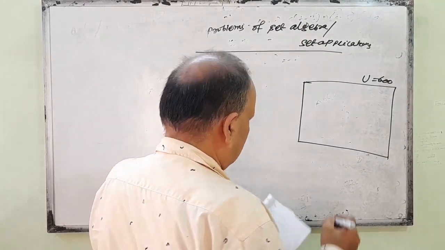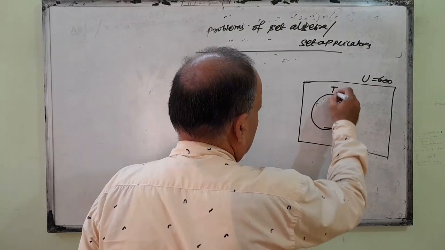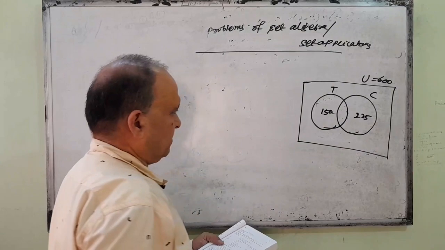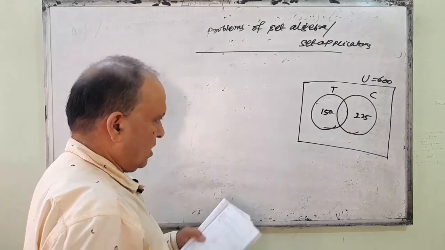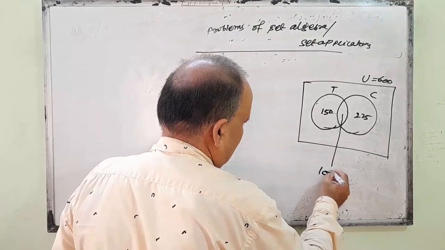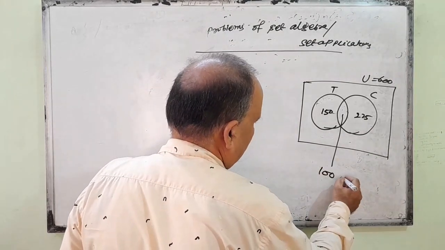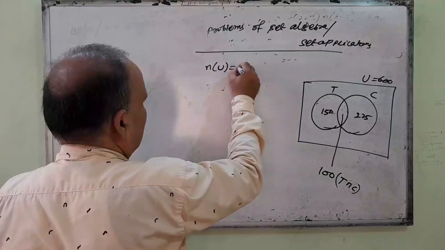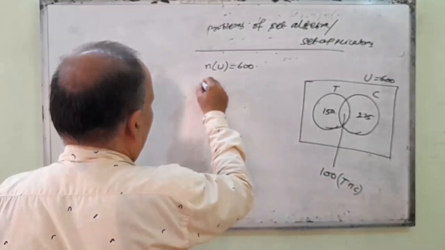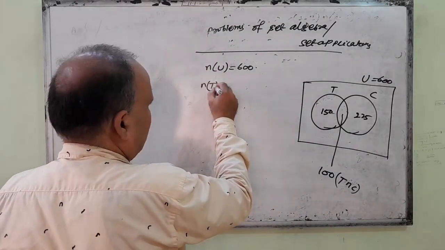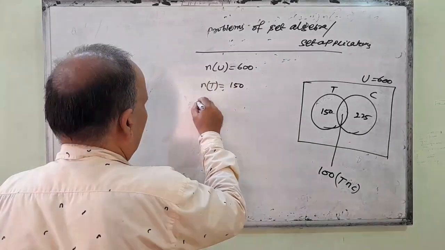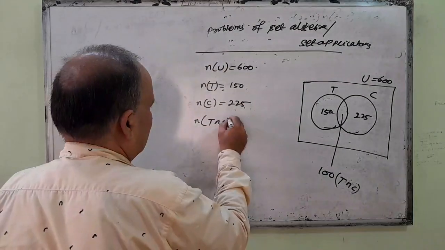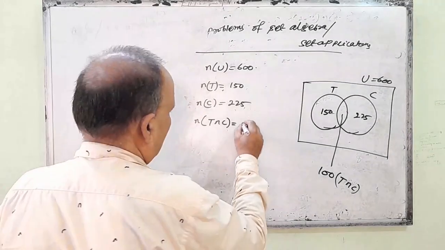150 students were found to be taking tea. This is the tea, 150. 225 students are taking coffee and 100 students are taking both tea and coffee, meaning T intersection C. You see, order of U is equal to 600, order of T is equal to 150, order of C is 225, order of T intersection C is equal to 100.